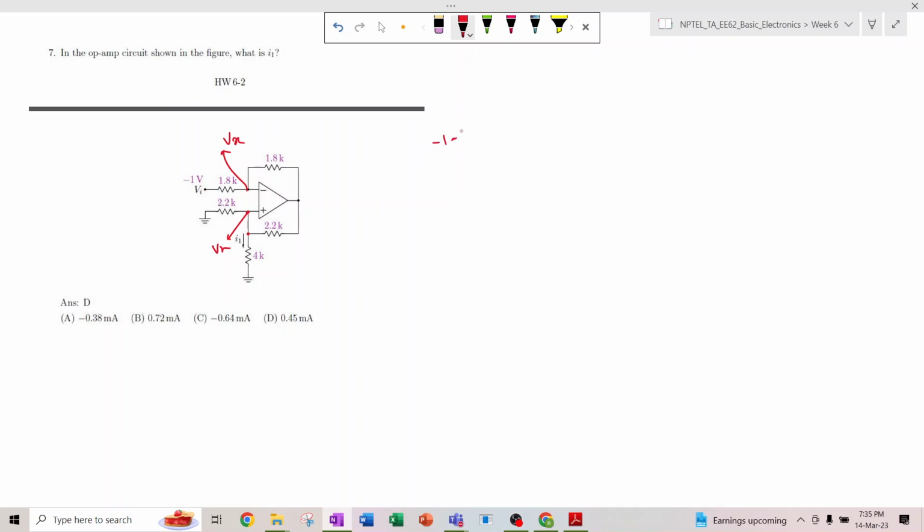The current flowing is minus 1 minus Vx divided by 1.8, that means in this direction, that will be equal to Vx minus Vo divided by 1.8. 1.8 cancels out, so that means twice Vx plus 1 equals Vo, right? Okay, so Vo is twice Vx plus 1.